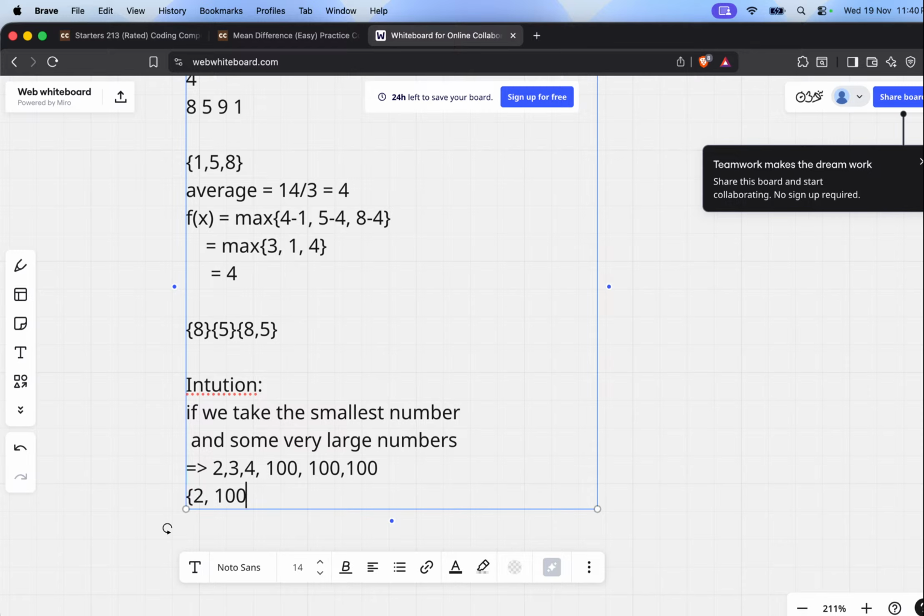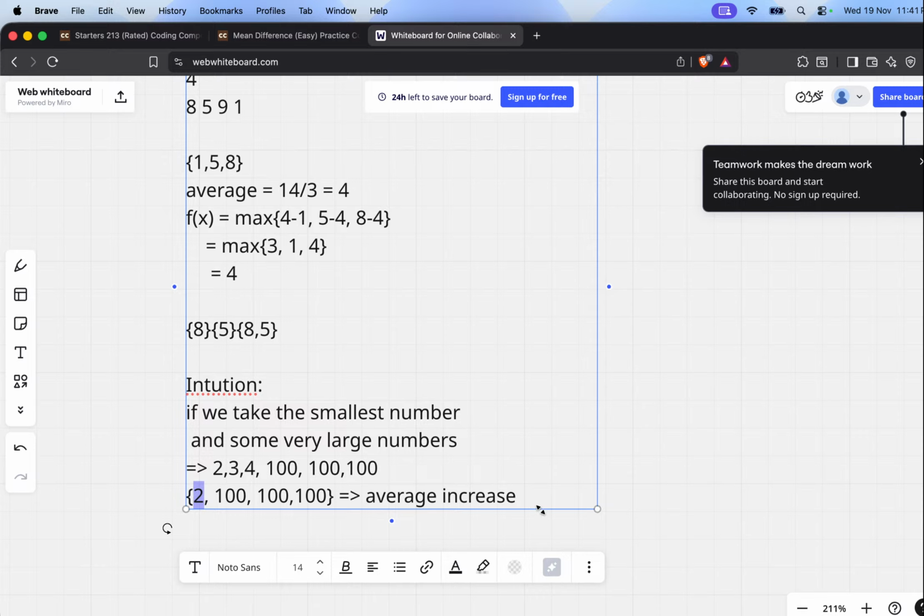If we take 200, 100, 100, the average increases. Average goes close to the larger numbers, that is towards 100. And since the smaller number is 2, the difference increases.